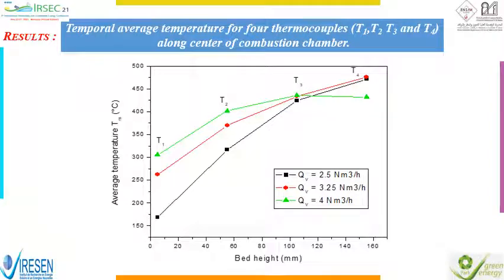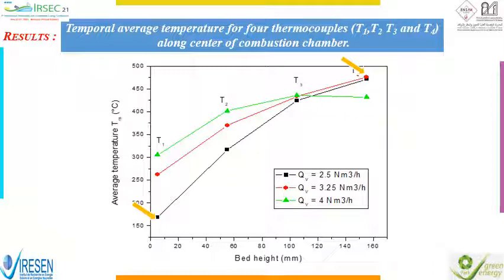To have a clear idea of temperature magnitude, this figure exhibits the temporal average of temperature against bed height for the same QV aforementioned. We observe that the minimum and maximum temperature values are respectively about 167 degrees C and 470 degrees C regardless of volume flow rate values.